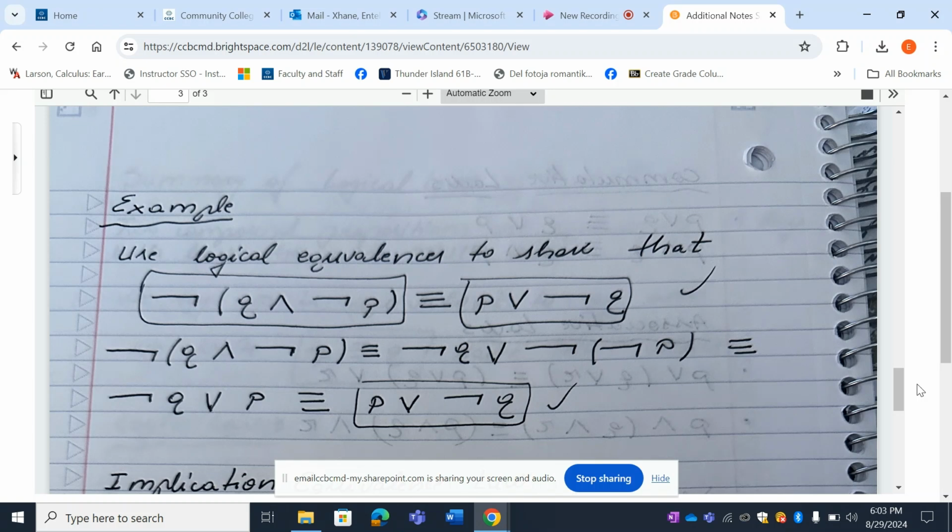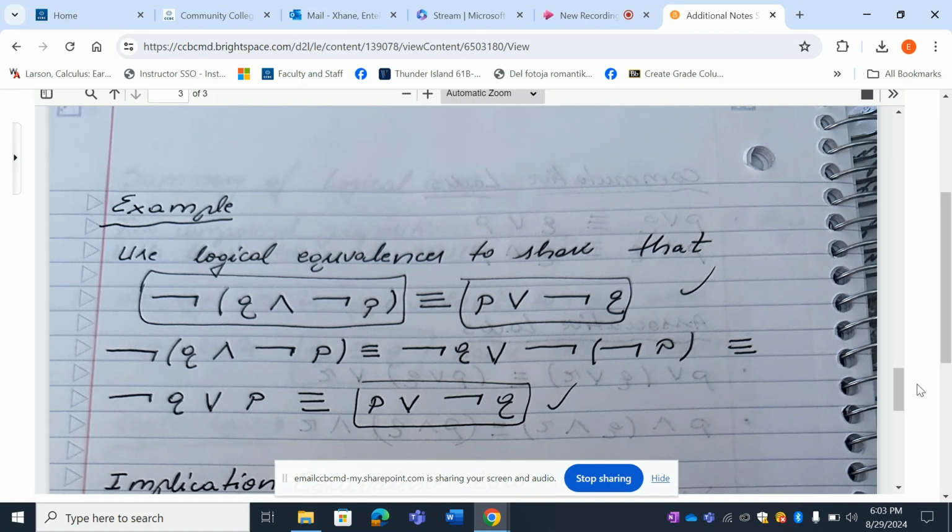Not the quantity Q and not P. So I'm going to negate both statements inside the parentheses. This is equivalent to negating Q, the AND becomes an OR, and negating not P. This comes directly from De Morgan's law. I'm going to keep not Q as it is, and keep the disjunction OR as it is.